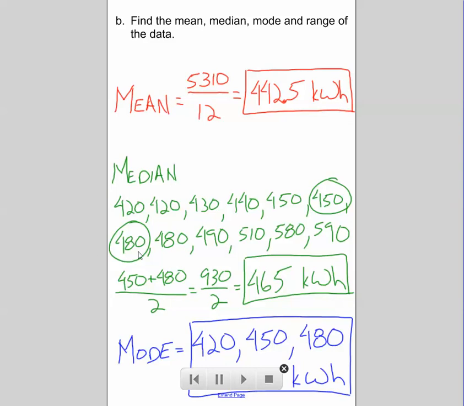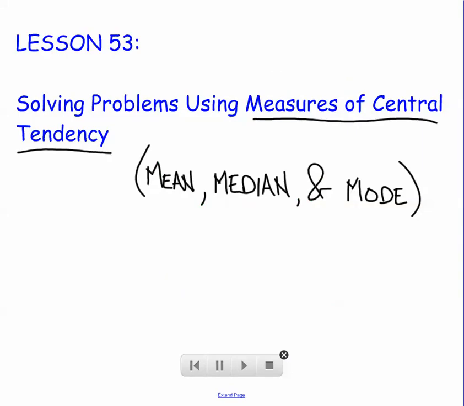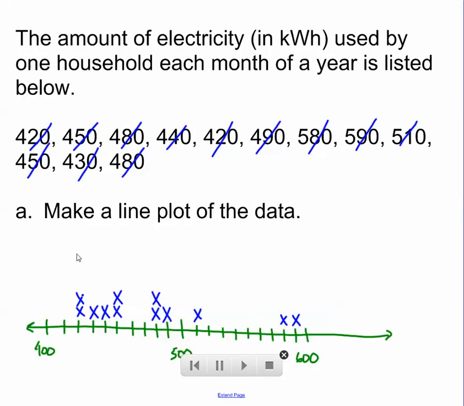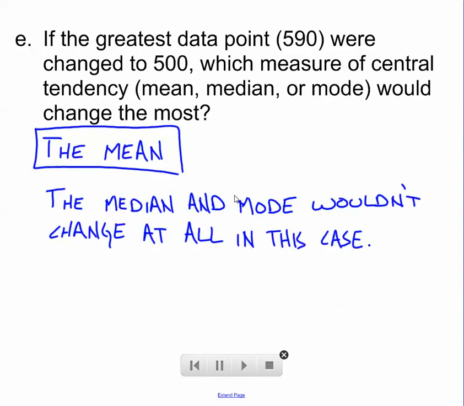The middle numbers would still be 450 and 480. And also, if we change the biggest number from 590 to 500, well, we don't have any other 500s. So it's not going to make it in one of the modes. So the mode's not going to change at all either. It's still going to be 420, 450, and 480. So in this case, the mean is the only thing that would change at all.